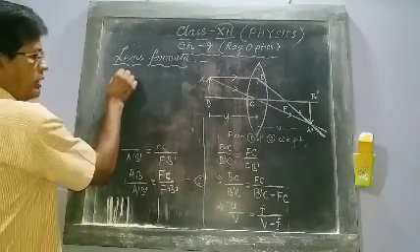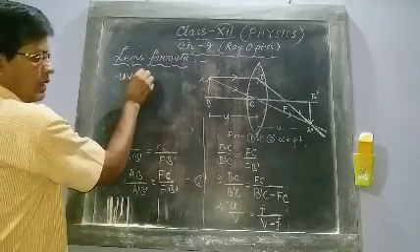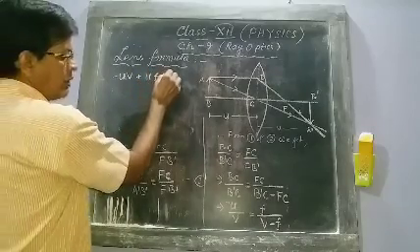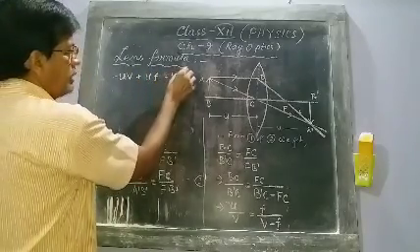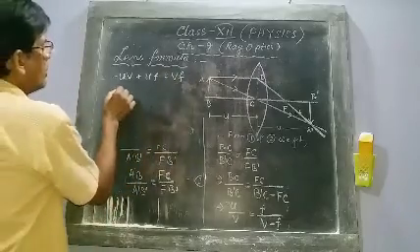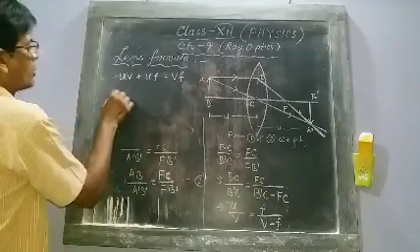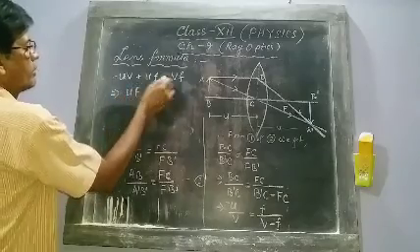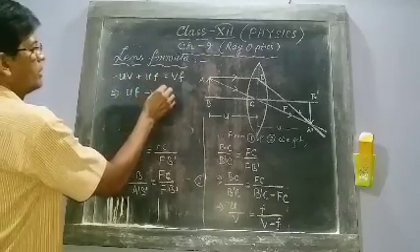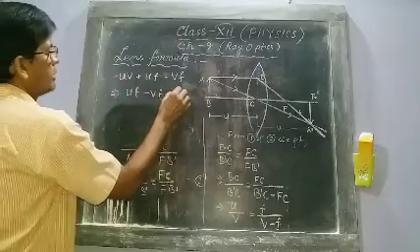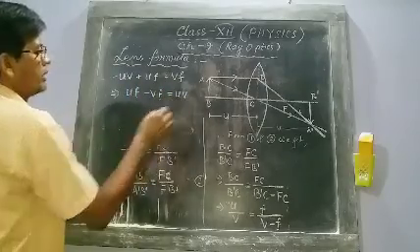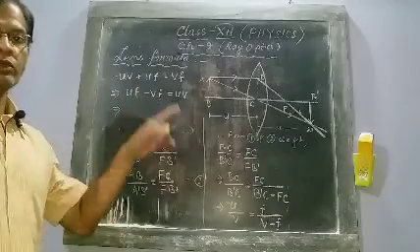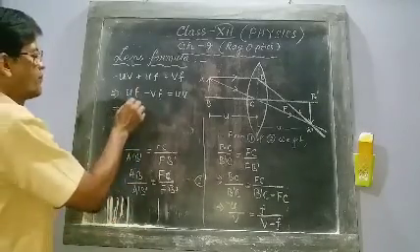Minus UV plus UF equals VF. Take UF on the left side, VF on the right side, and divide both sides by UVF.